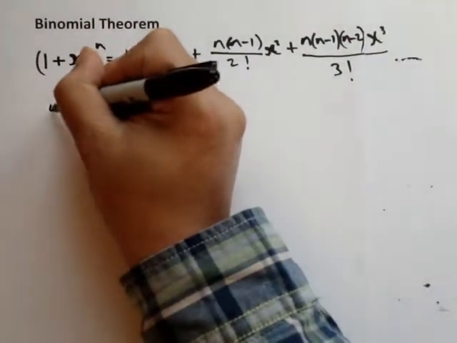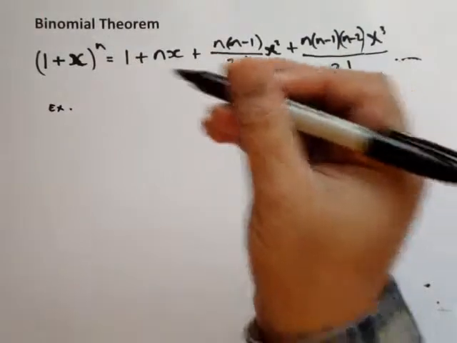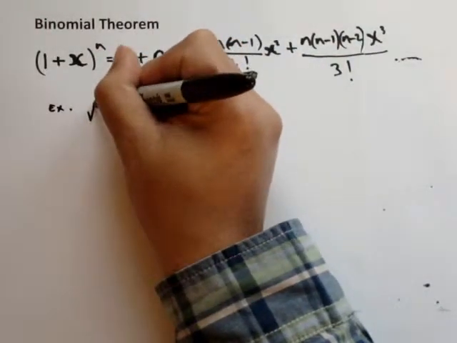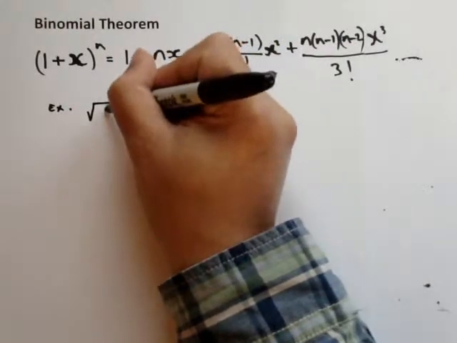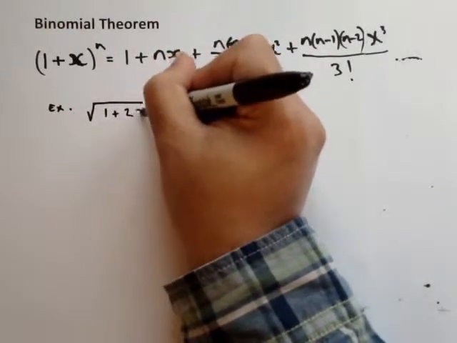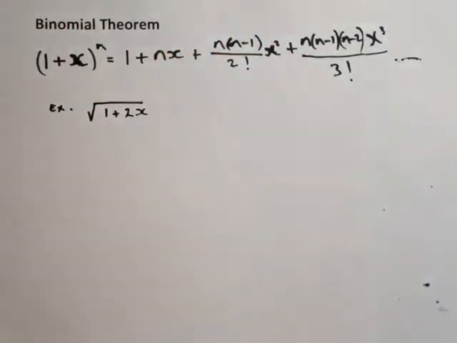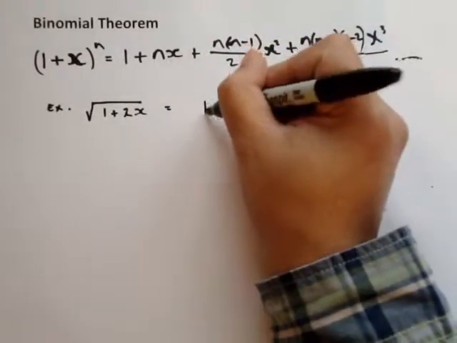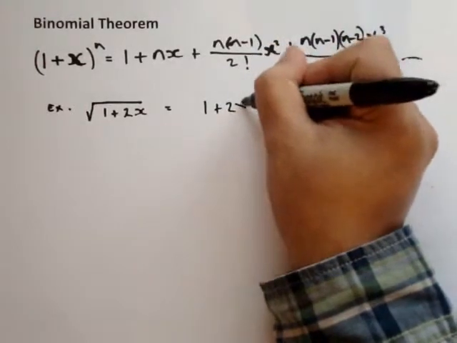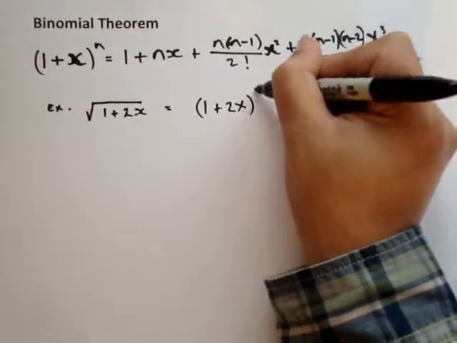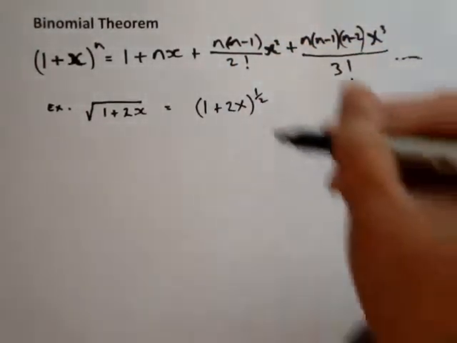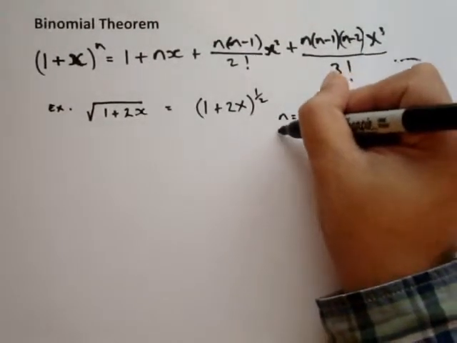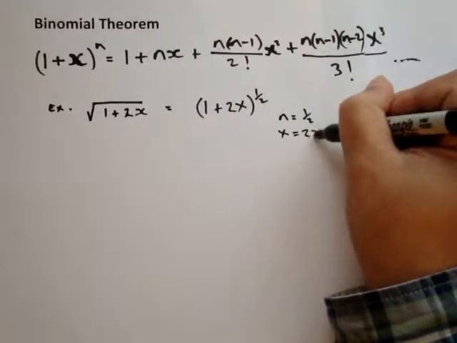So for example, if we had the square root of 1 plus 2x, so this is the same as 1 plus 2x to the power half. So our n equals a half and our x equals 2x.